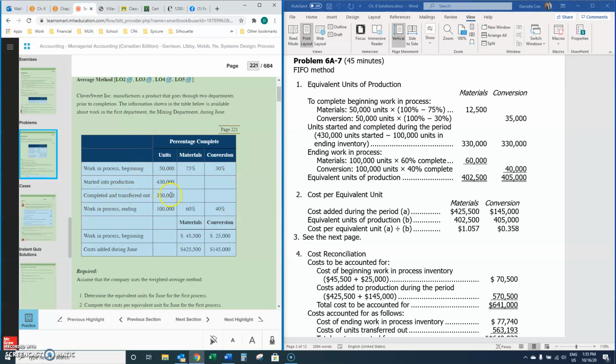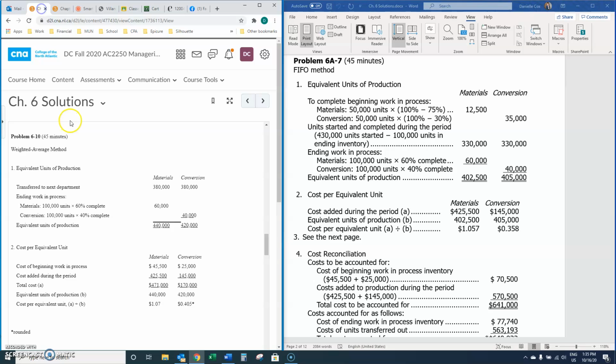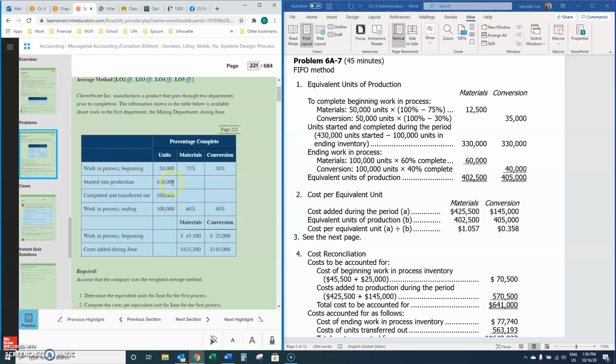So completed and transferred out, 380. That's what we would have taken here. Whereas under the FIFO method, we don't take the 380. We take that there were 430 started and 100 left in work in process, so the difference is what was started and completed that period.